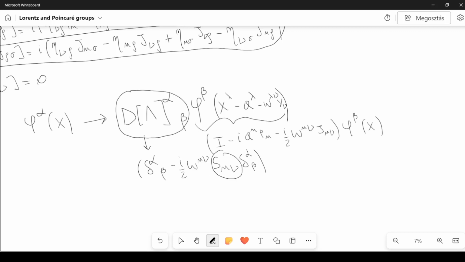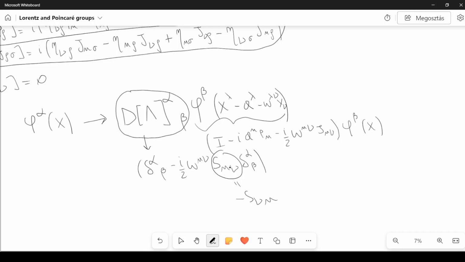So this object should still be antisymmetric, but it is different from J mu nu. So that's what you have to think when you write down representations of Lorentz transformations. You can see that you replace J mu nu with S mu nu, basically.